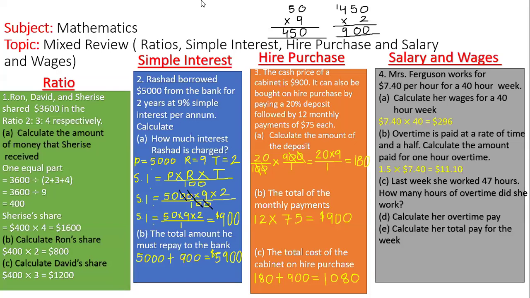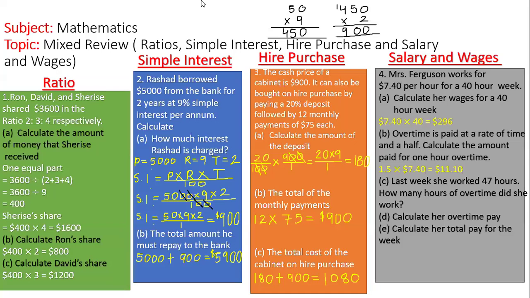Annuel, where's Annuel? Hi, I'm here. Okay, do you understand how I got $296 and $11.10? Yes, sir. Explain A and B for me. You don't have to read the question, just tell me how you did it.